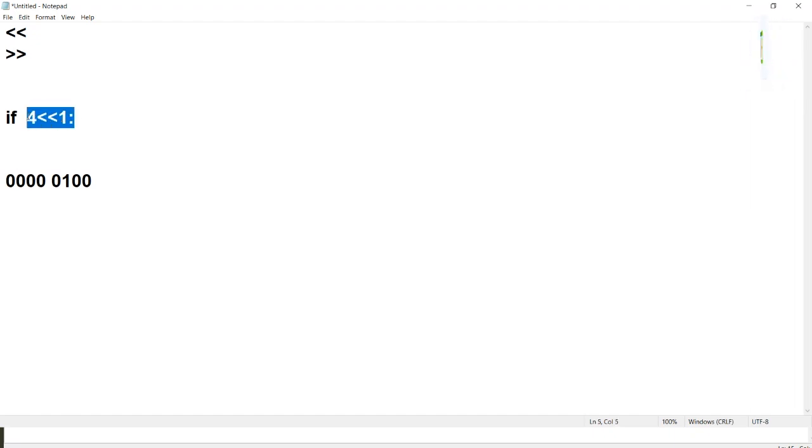That means we have to write 2 zeros at the right hand side. That's it. Now, where is the 1? 2 power 0, 2 power 1, 2 power 2, 2 power 3, 2 power 4. 2 power 4 means 16. That value is going to be 16 here.